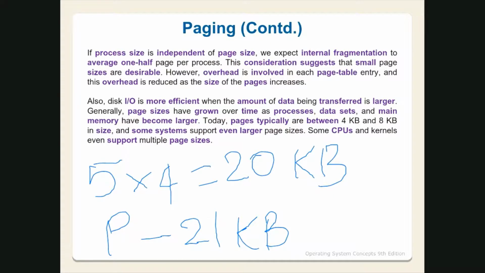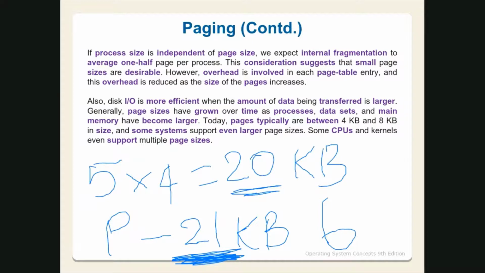So if you want to assign pages to this 21 KB process, you won't be assigning 5 pages. You have to assign 6 pages: 5 pages for the 20 KB and you still have 1 KB. For that 1 KB you need to assign a page. So the 6th page will be assigned to the last pending 1 KB of data.